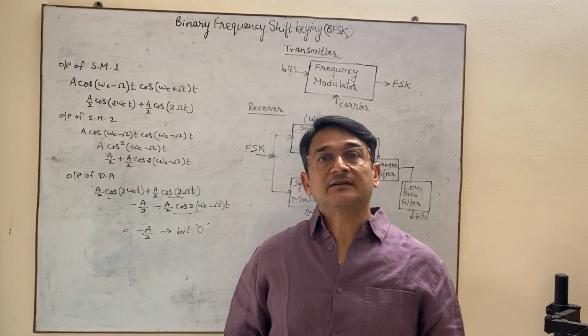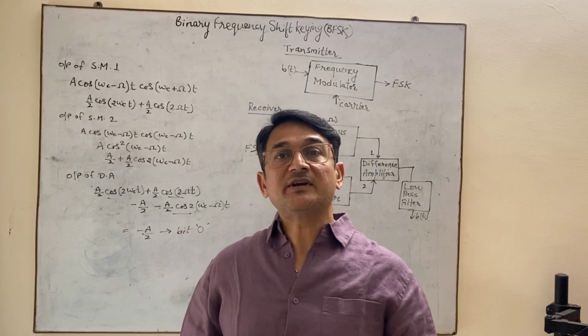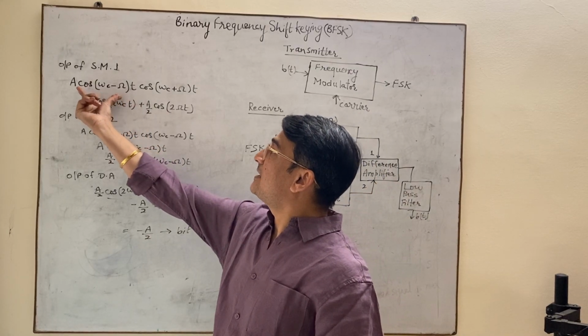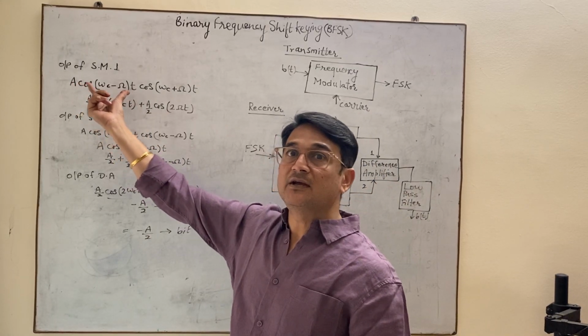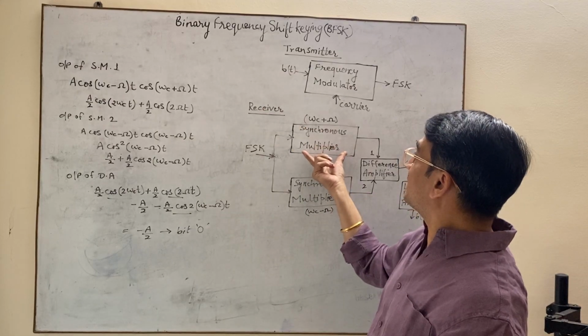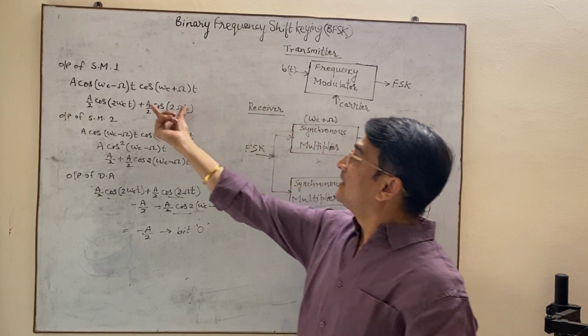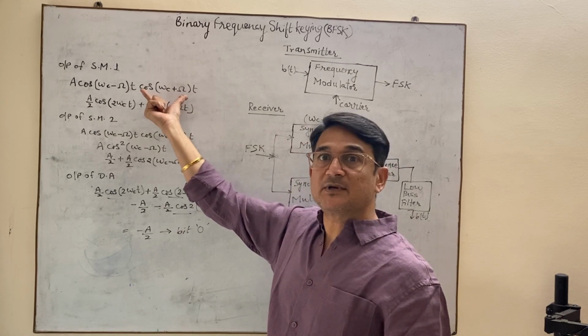Now let us understand the same mathematical expression for bit 0. When bit 0 is transmitted, your FSK signal will be A cos(ωc − ωt). When it is given to the receiver's first synchronous multiplier, it will be multiplied with cos(ωc + ωt).